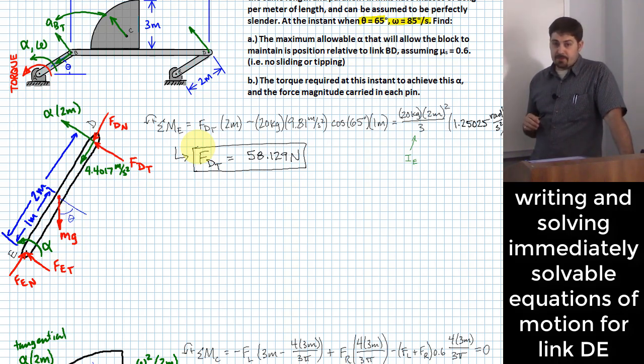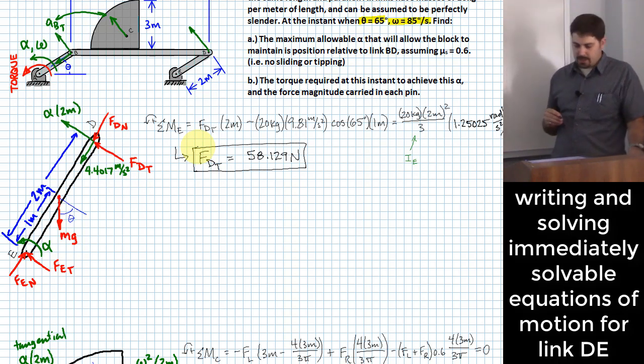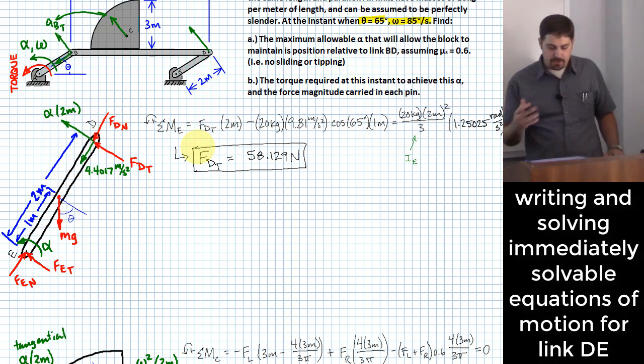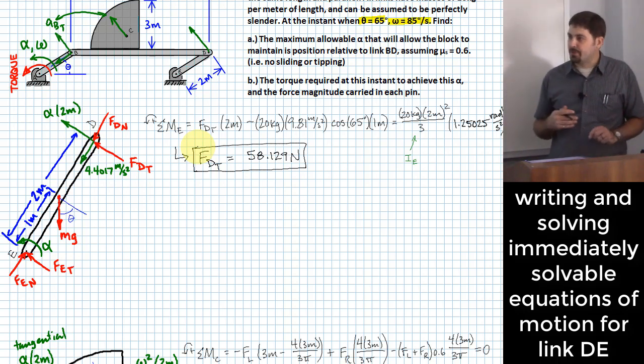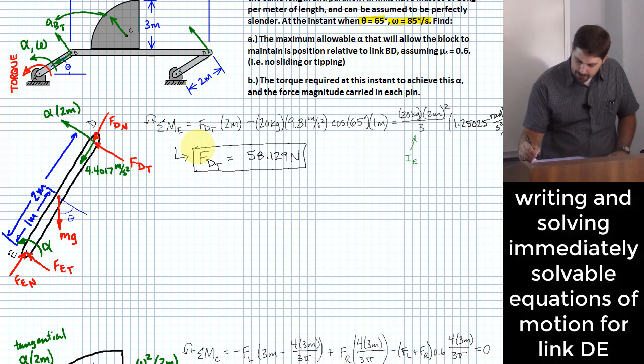Answer might surprise you. Yes, there is. Before we go on to anything else, there is one other thing we can get off this diagram. What if I sum forces in the tangential direction, or that transverse/tangential direction?